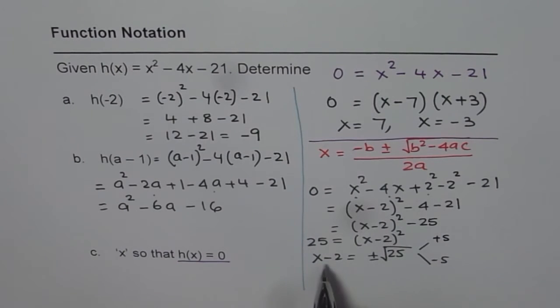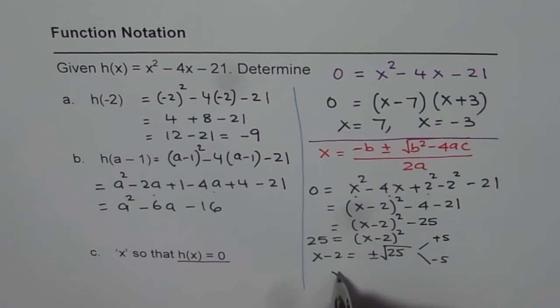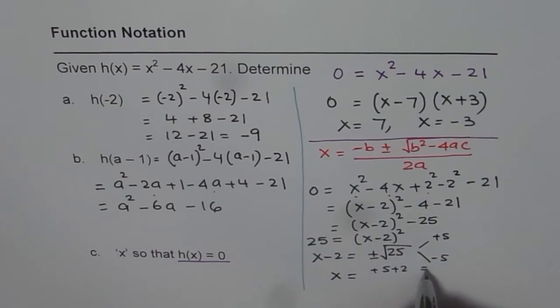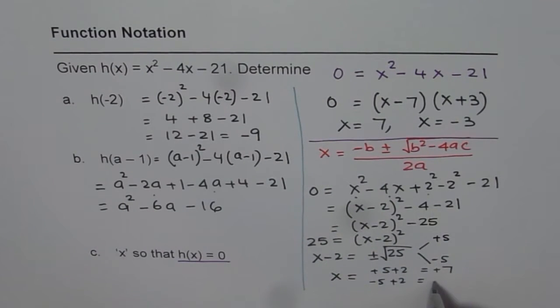Now from these two values, we can calculate two different values of x. So we get x equals plus 5 plus 2, which gives us plus 7, or minus 5 plus 2, which gives us minus 3. So we get the same answers: x equals plus 7 or minus 3.